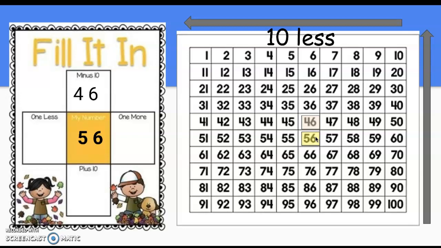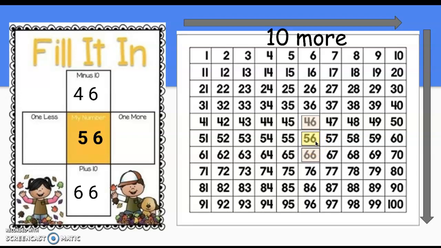Now we're going to think about what is 10 more. When we say more, the number is going to be bigger. So you're either going to go to the right or you're going to go down, because the numbers get bigger if you go right and if you go down. I can count up 10 to figure out what is 10 more.